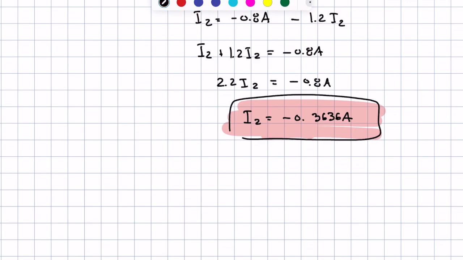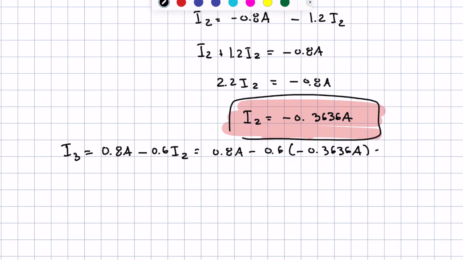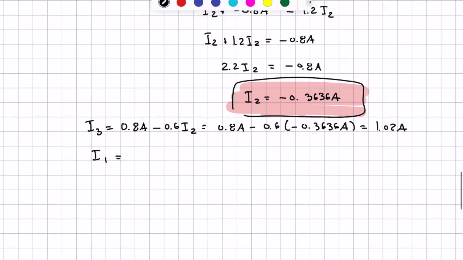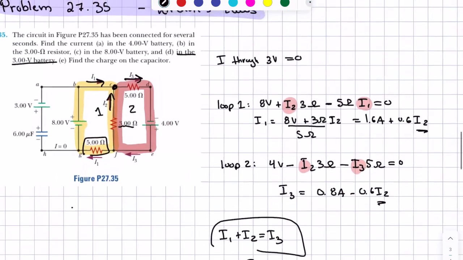And now we can figure out what I3 is. We know that I3 is equal to 0.8 amps minus 0.6 times I2. So that's going to be 0.8 amps minus 0.6 times negative 0.3636 amps, and that's giving us 1.02 amps. Now I1, let's go back to what it was up here.